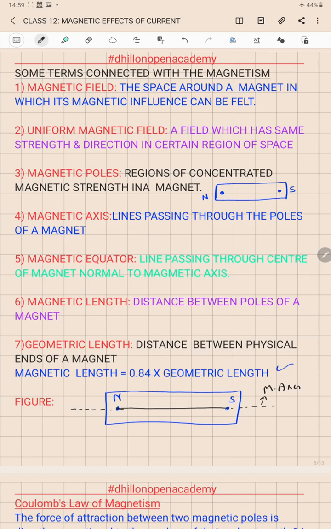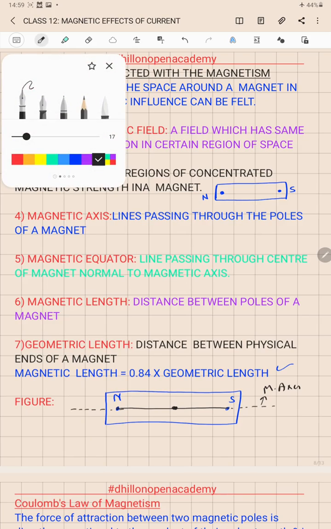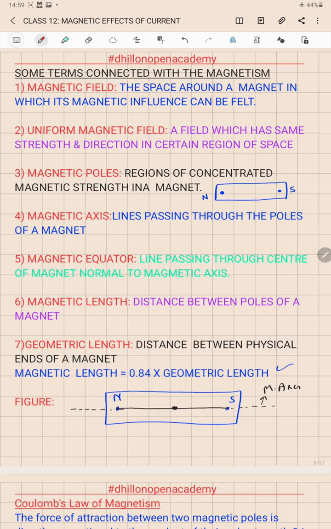The origin, the center of the bar magnet, is the center of the line joining the two poles, north and south pole. So if we pass a line perpendicular to this, we call it the magnetic equator.